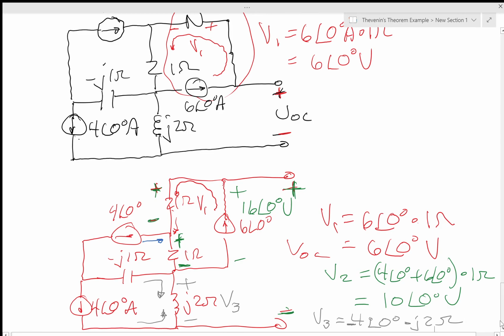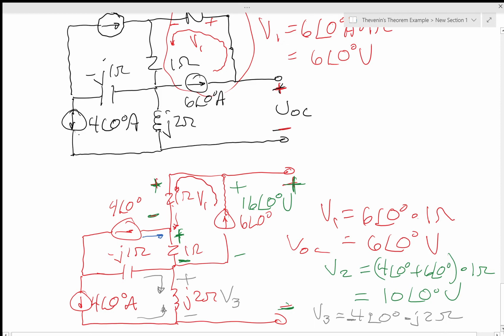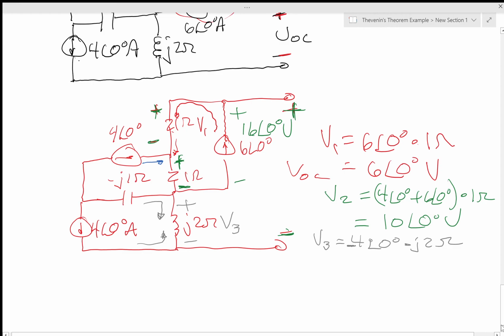And that gives me, there we go, minus J8 volts. So then VOC equals 16 minus J8 volts. Same thing I got for the other one.